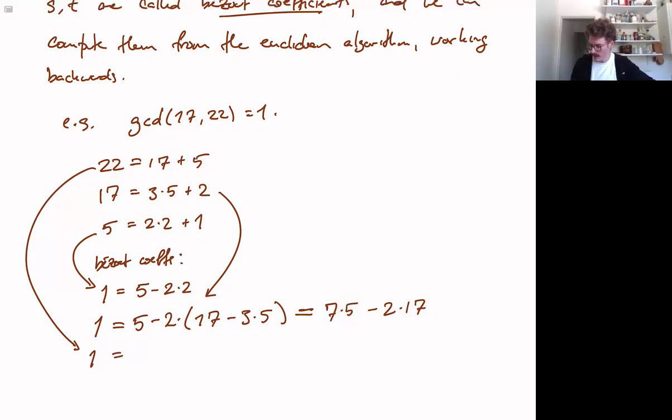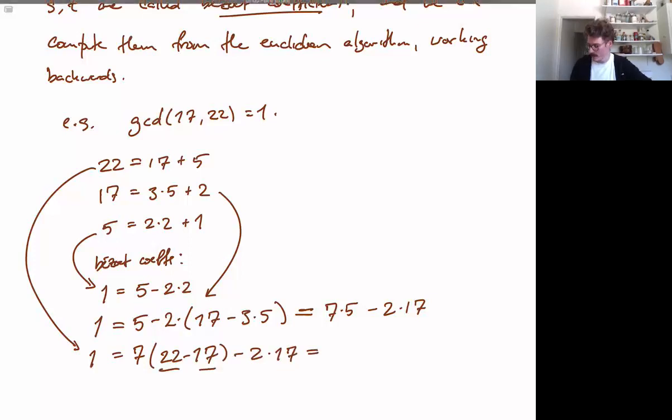So 1 is equal to 7 times 22 minus 17, right? This equation is telling me that 5 equals 22 minus 17. So 7 times that minus 2 times 17. And again, we're keeping track of our 22s and 17s, and we're rearranging to bring those things out.